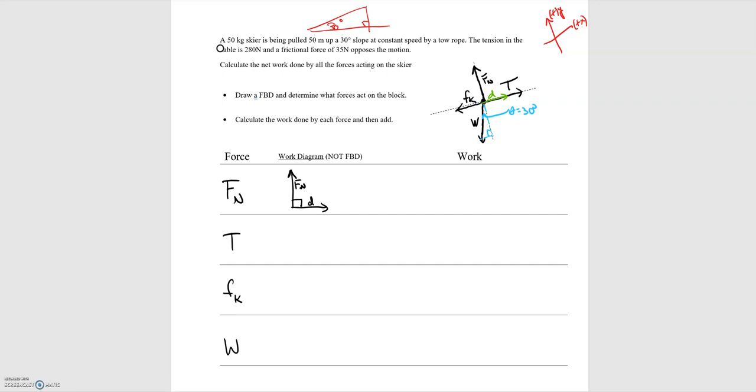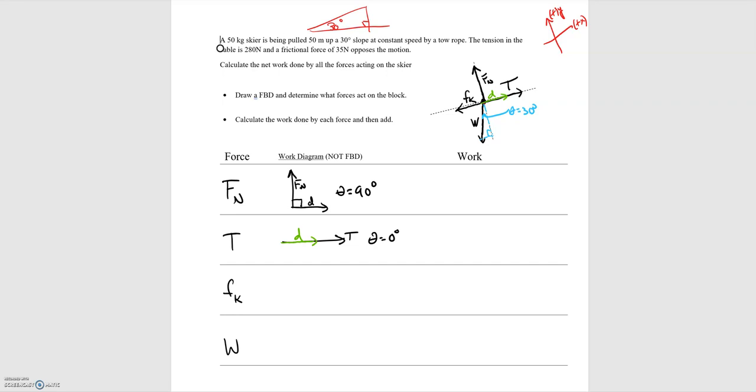For the tension, we've got T, the tension, and the displacement D in the same direction. So I've got tension here, and then I've got displacement here. So that's going to be theta is equal to 0 degrees. Up here is theta is equal to 90 degrees.